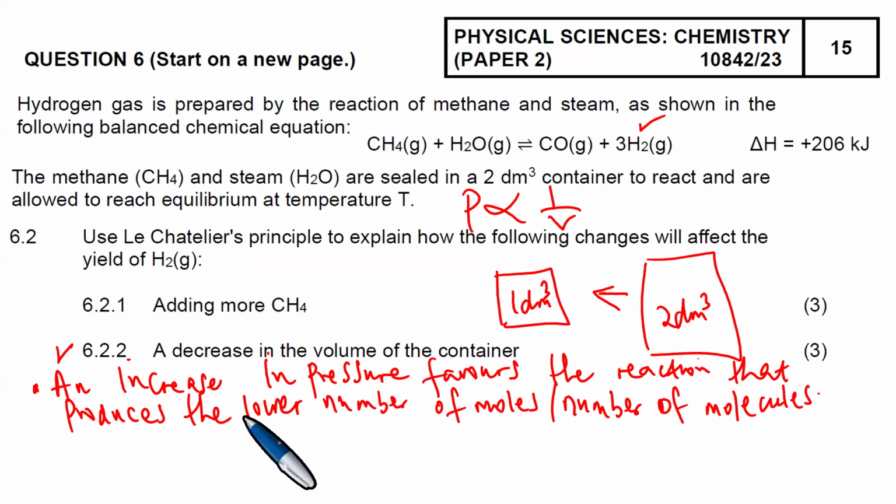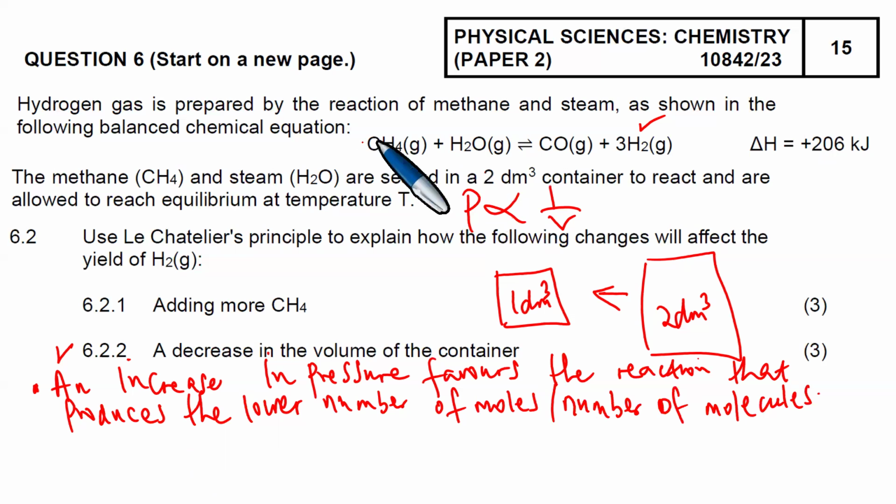An increase in pressure favors the reaction that produces a lower number of moles. So if you increase the pressure, what that does is it favors the reaction that produces a lower number of moles or number of molecules.